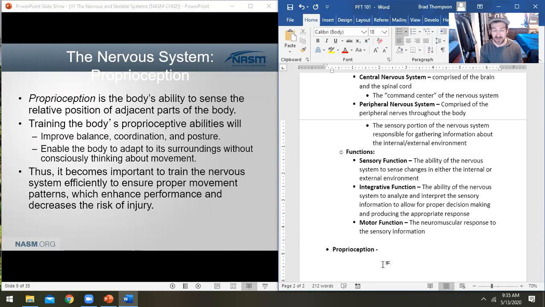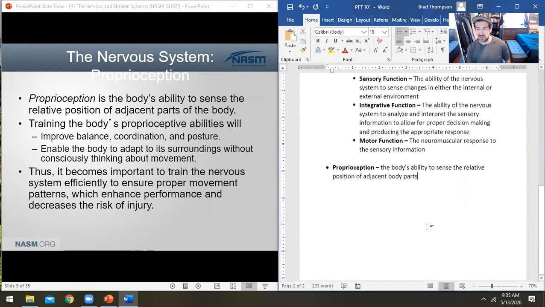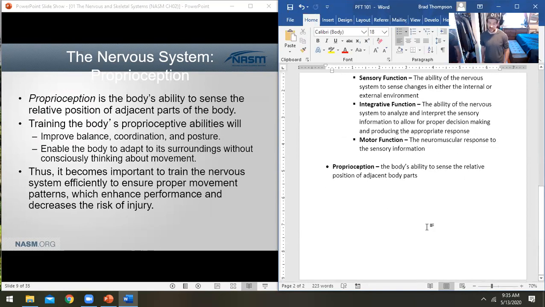But if we define it, it is the body's ability to sense the relative position of adjacent body parts, right? So it's the body's ability to sense where it is in space. You can think of this as our spatial awareness, right?